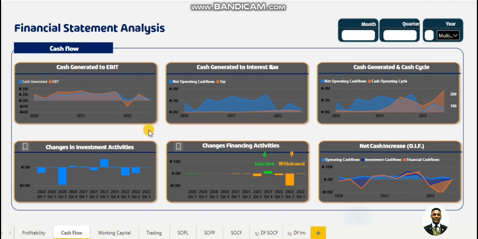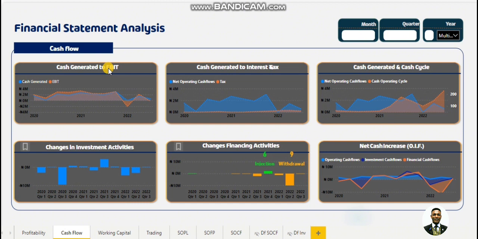Now, starting off, we will look at cash generated to earnings before interest and tax. In this case, cash generated refers to the cash flow from operating activity before the deduction of interest and tax, and we'll be comparing it with the earnings before interest and tax generated.